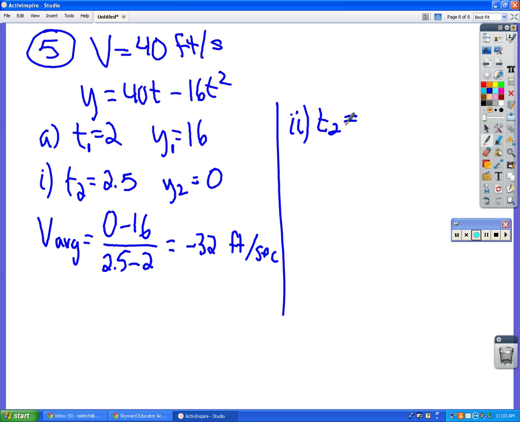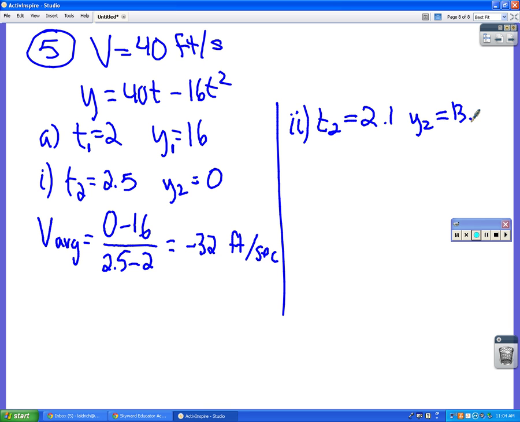Now they want to know what the average velocity is over a period of only 0.1 seconds. So my new time would be 2.1. And my new y value would be 13.44. We play the same game again.